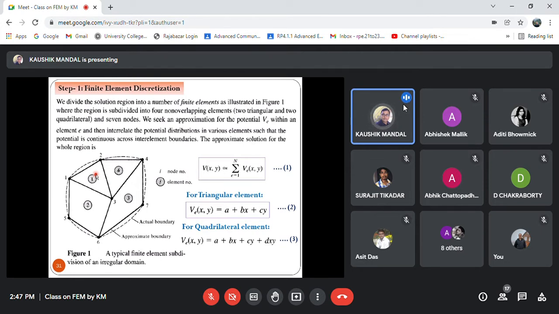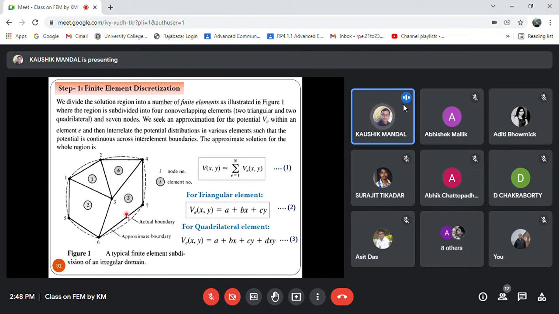Now the question is, out of this triangular element or quadrilateral element, which particular shape is preferable for the better approximation of the entire solution boundary? In this present example, we have divided the entire solution region into 2 quadrilateral and 2 triangular elements.